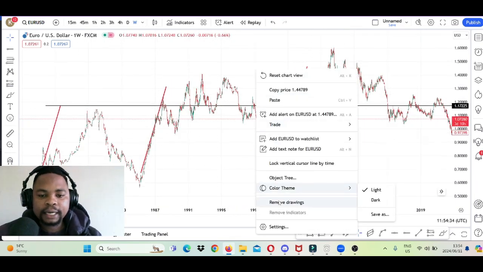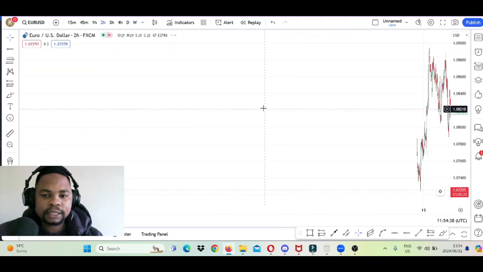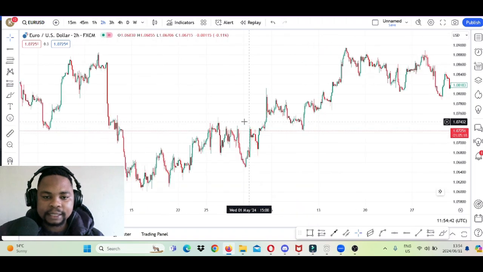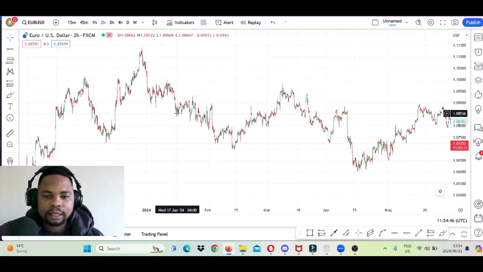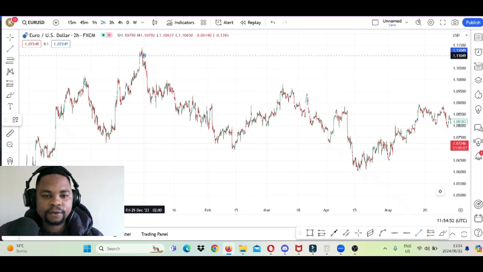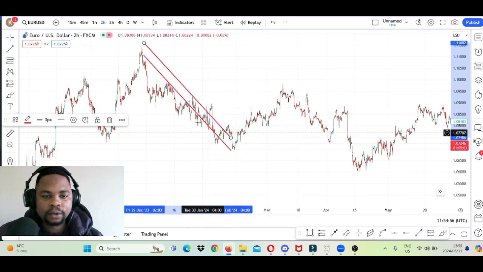So let me clear it up and show you from a smaller time frame, let me just say the 2-hour time frame, and see if the very same thing applies there as well. I'm just going to use sells on this one. You see, I'll say from here to here, I mark it, and then I clone it.